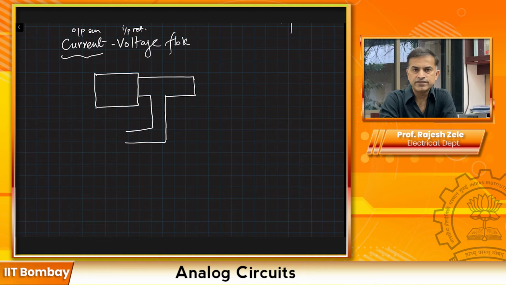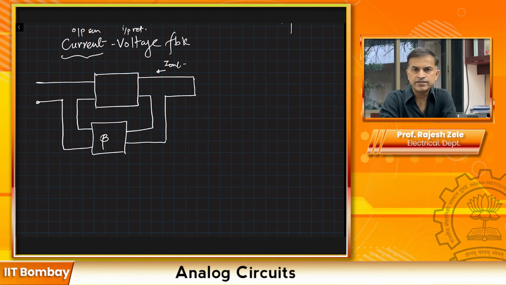So this is my I out for my block, and then I'm going to feed that current back into the feedback network, and then I'm going to return input voltage. So since I'm returning an input voltage, I will have to put that voltage in series. So it would look like this.